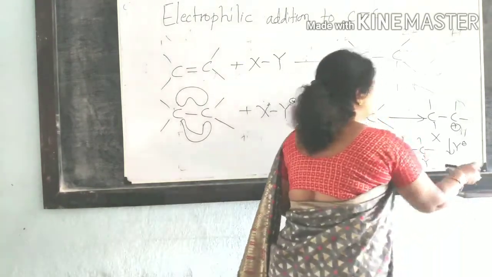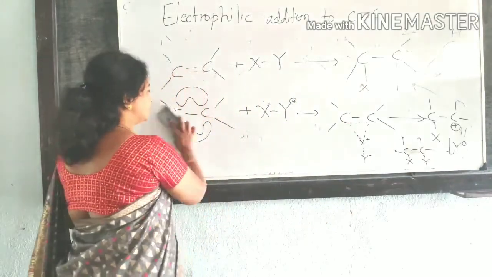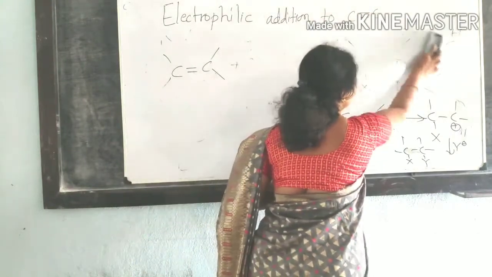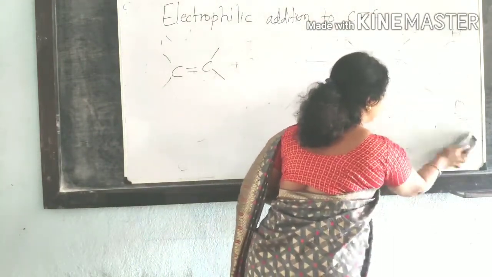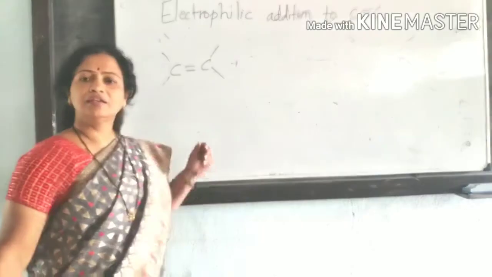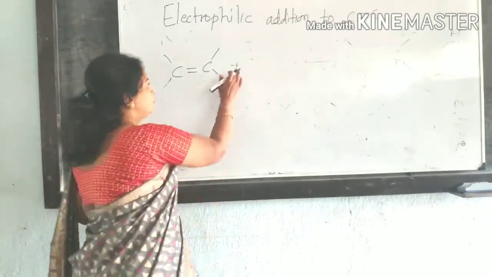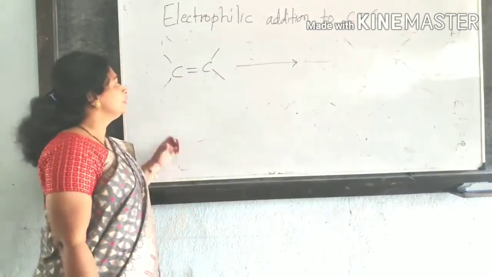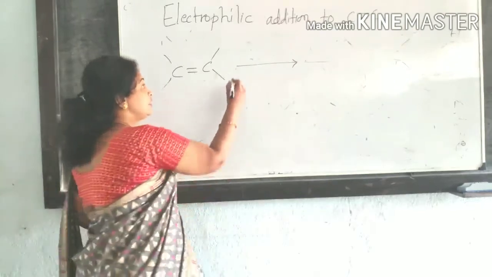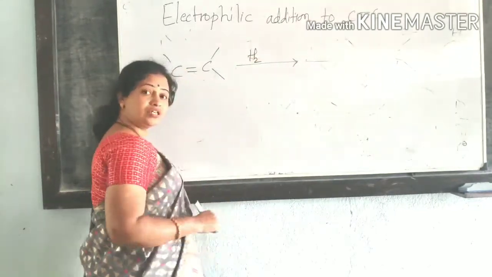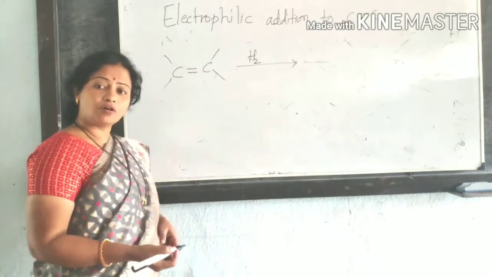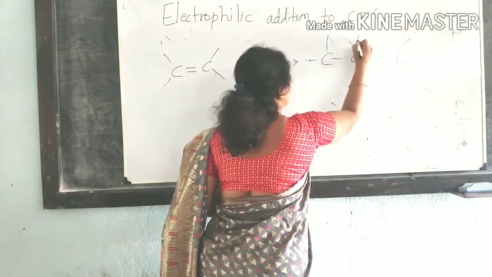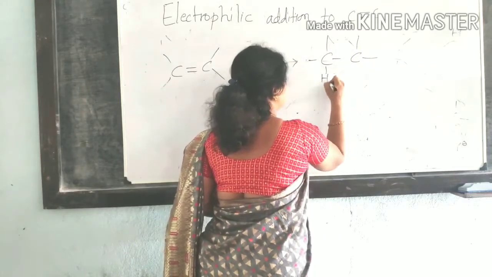Okay. Now about some more examples of the electrophilic addition reaction to carbon-carbon double bond. Now let us take the same example of ethene, which is the first member of alkenes. When this ethene reacts with H2 in presence of a catalyst or any reducing agent, it gets converted into ethane.